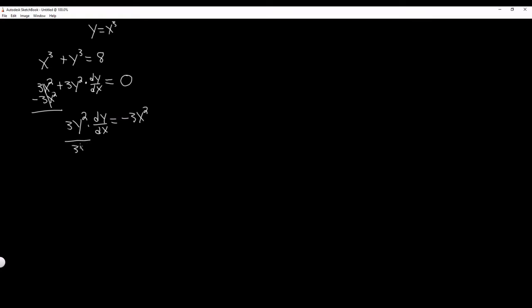This is going to leave us with dy/dx is equal to negative 3x squared over 3y squared. And the 3's will cancel, so in simplest form, dy/dx is going to be equal to negative x squared over y squared. And this is the answer to this problem.